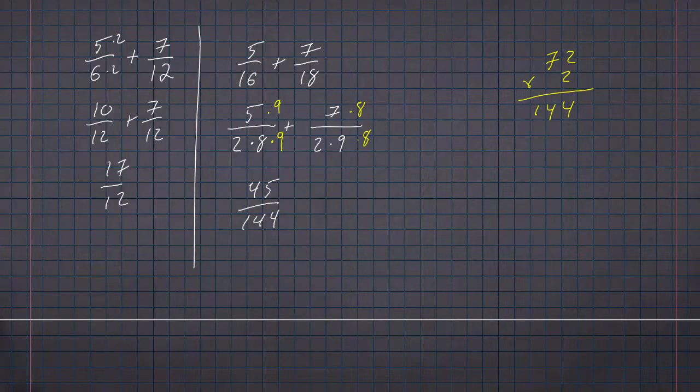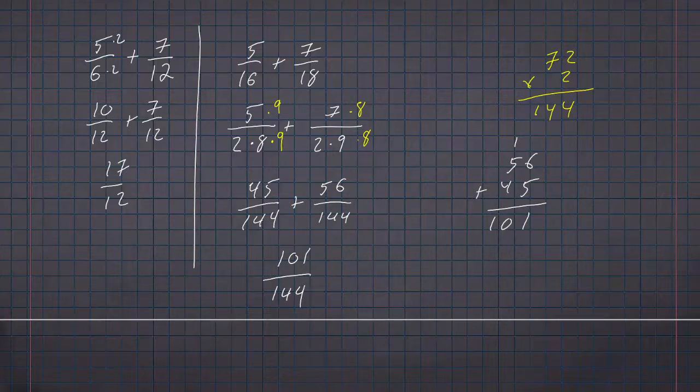We already calculated that denominator is 144. 7 times 8 is 56. And if I add 45 plus 56, I get 101.